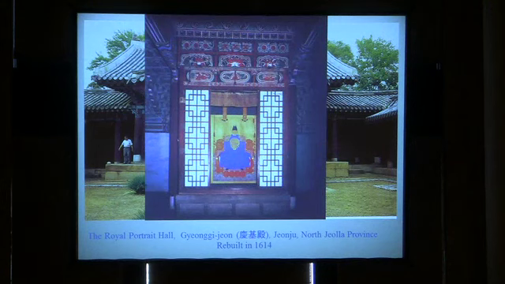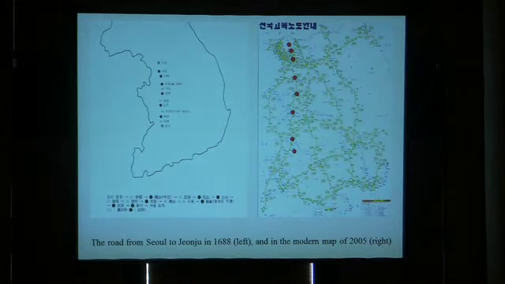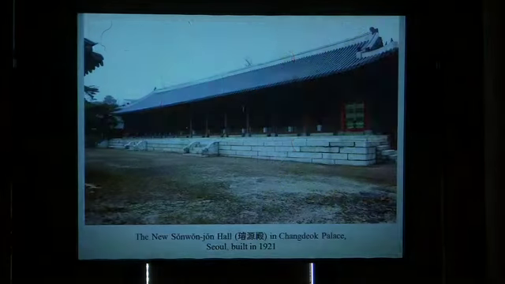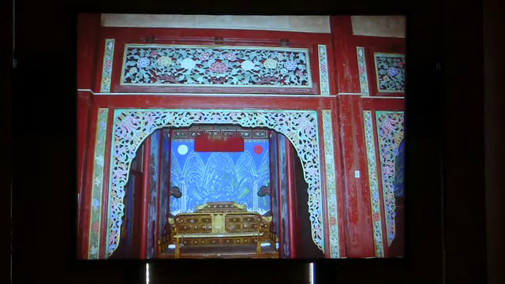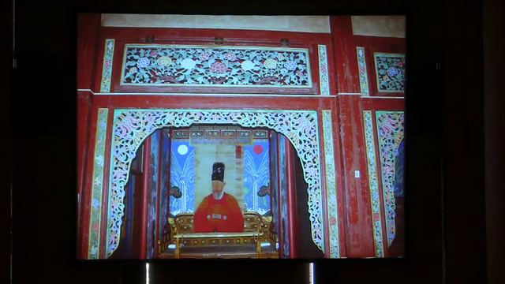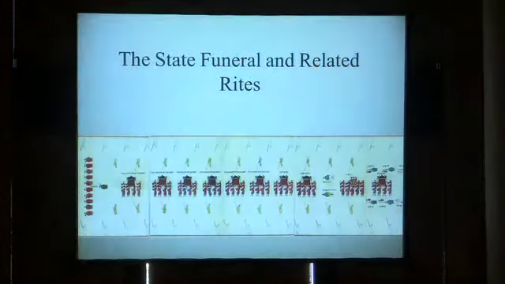And this is how it looks in the main portrait hall of King Taejo, the first king of Joseon, in front of the screen of the five peaks. And that's the procession, and that's the way they went from Jeongjo to Seoul, back to Seoul. And this is how the portrait hall looks with real portraits inside, but now it's all empty because we lost them during the Korean War.